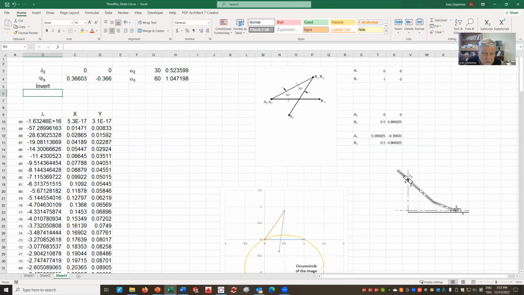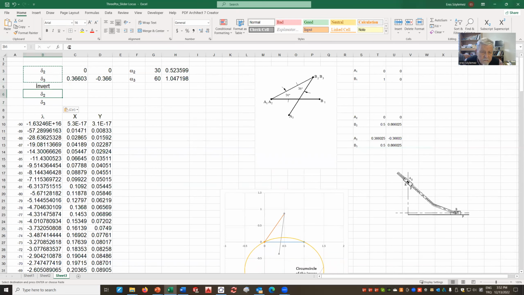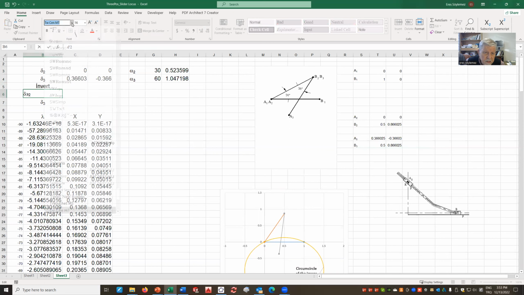So what that means is, let me copy these, Control C, copy, Control V. For the inverted motion, I will take prime. This has to be in, let me do it like this, that will be simpler.